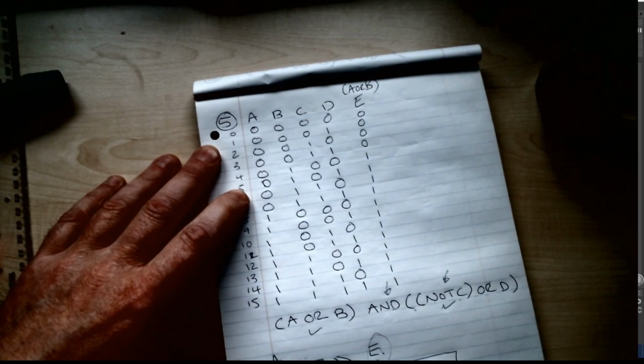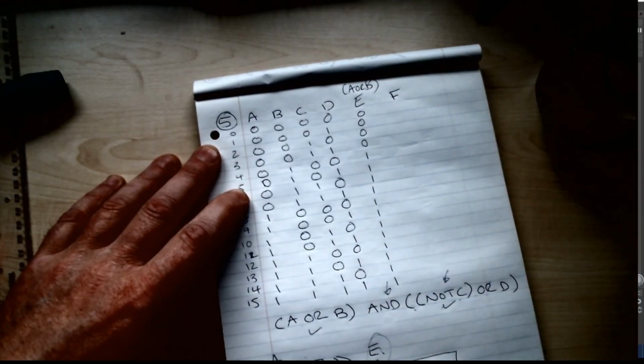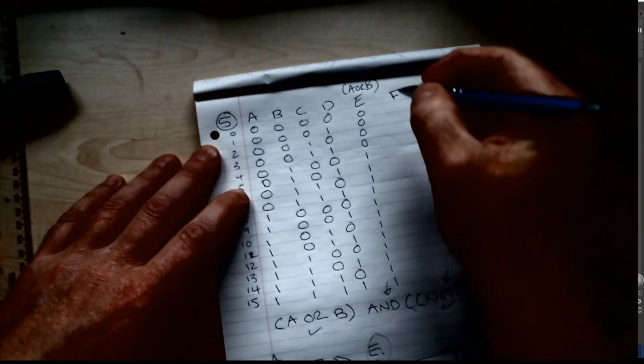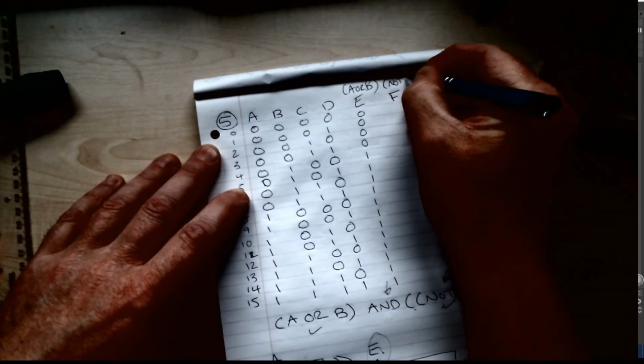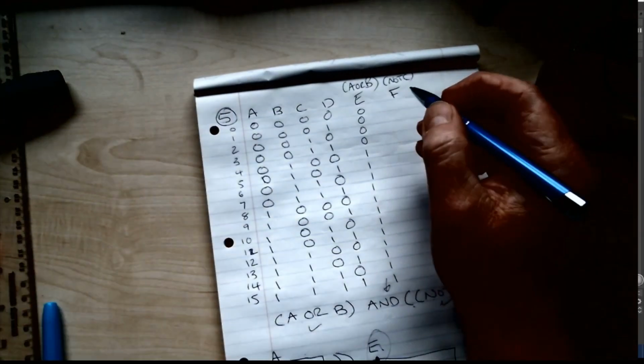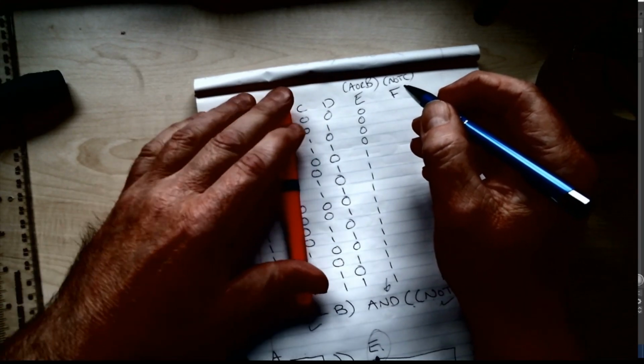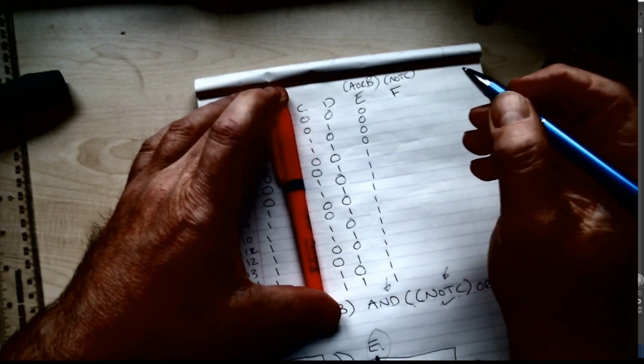So this one, now looking at column F, if you remember you get F by doing a NOT on column C, so it's NOT column C. So you look just at column C. Sometimes it's good to use something to line up these columns, like a pen or a piece of paper, just so that you don't get muddled.